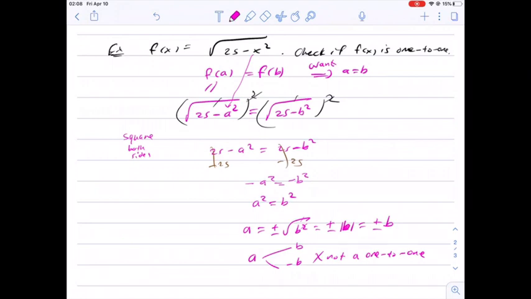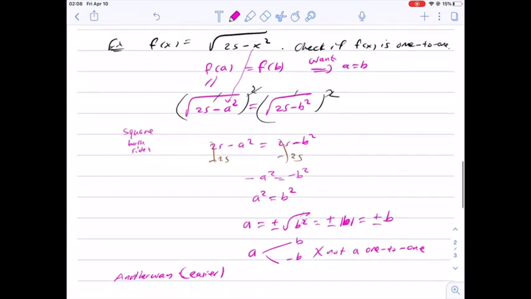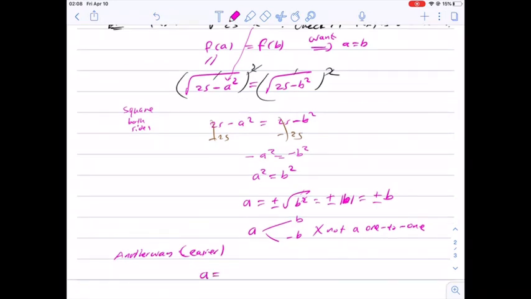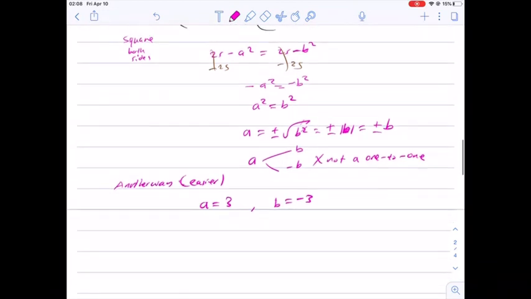Maybe it's easier to check some values. If you find another way, and easier actually, just show that this is not satisfied for a specific value. If you choose some values, like take a equals 3 and b equals negative 3.